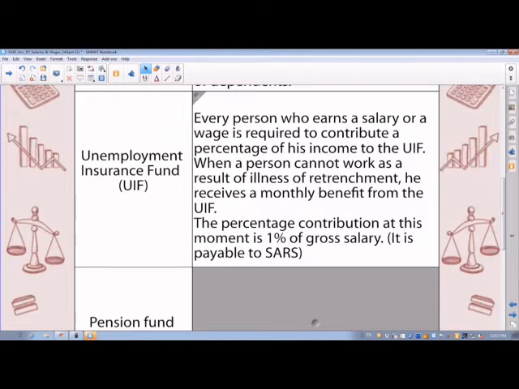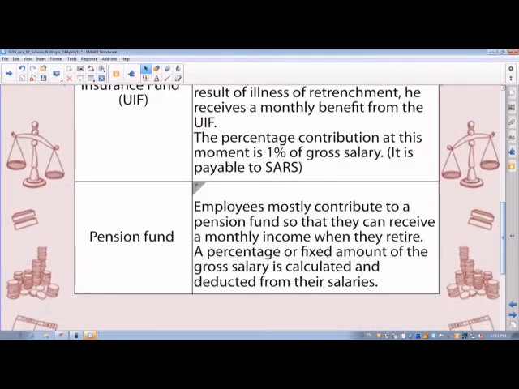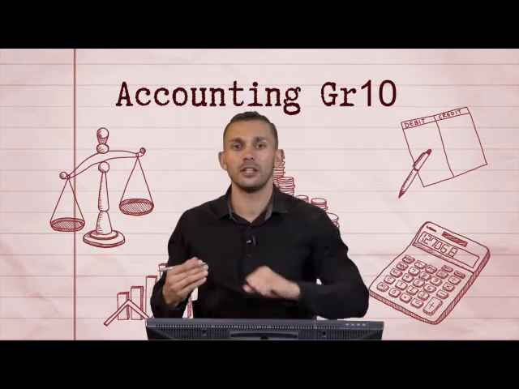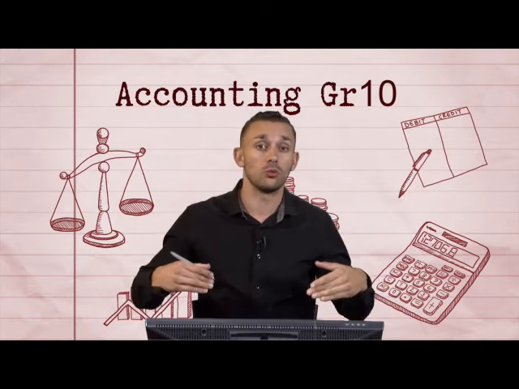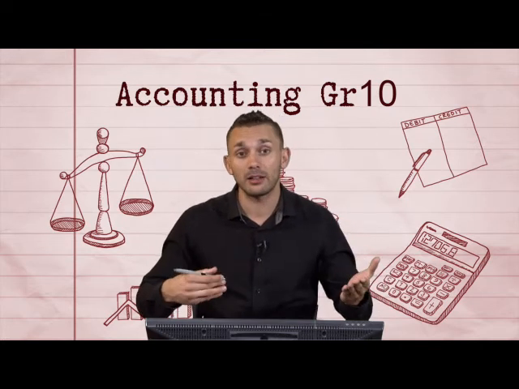And then the last deduction we have is pension fund. Now, what is a pension fund deduction? Employees mostly contribute to a pension fund so that they can receive a monthly income when they retire. And that's normally a certain percentage on the gross salary. Now, guys, what you need to remember when we look at your deductions, we'll have a gross salary minus all of these deductions. Remember, these are things you need to pay or which you want to have, like medical aid and pension fund.